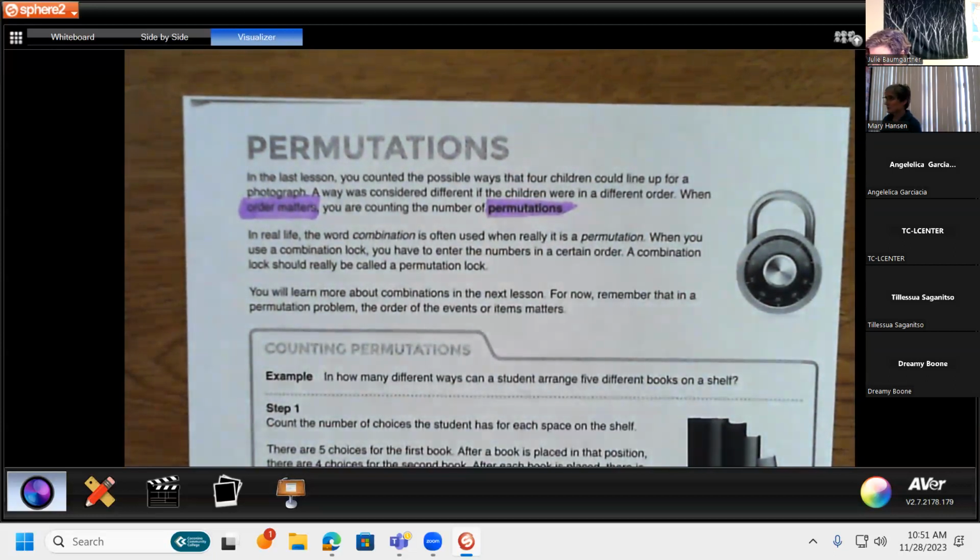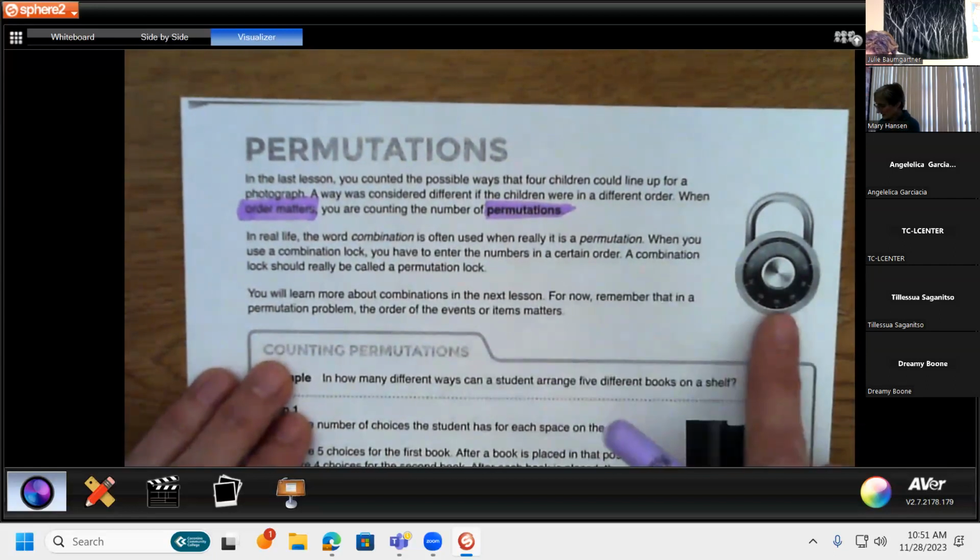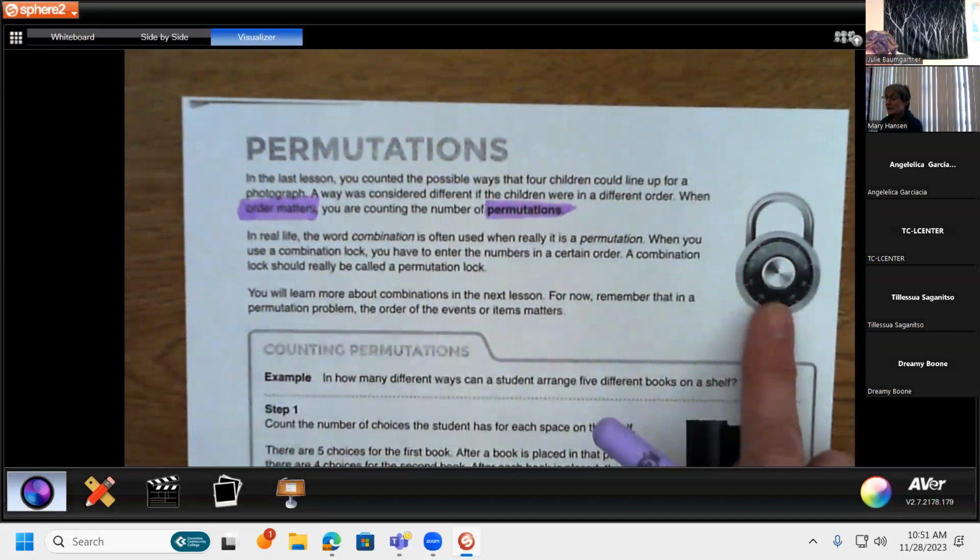If my 3 numbers are 5, 18, and 22, I can't put them into the combination as 18, 22, 5. I have to put them in the proper order. And so the kind of joke they're making is, we call this a combination lock, but really it would be called a permutation lock because the order we put those numbers in does matter.